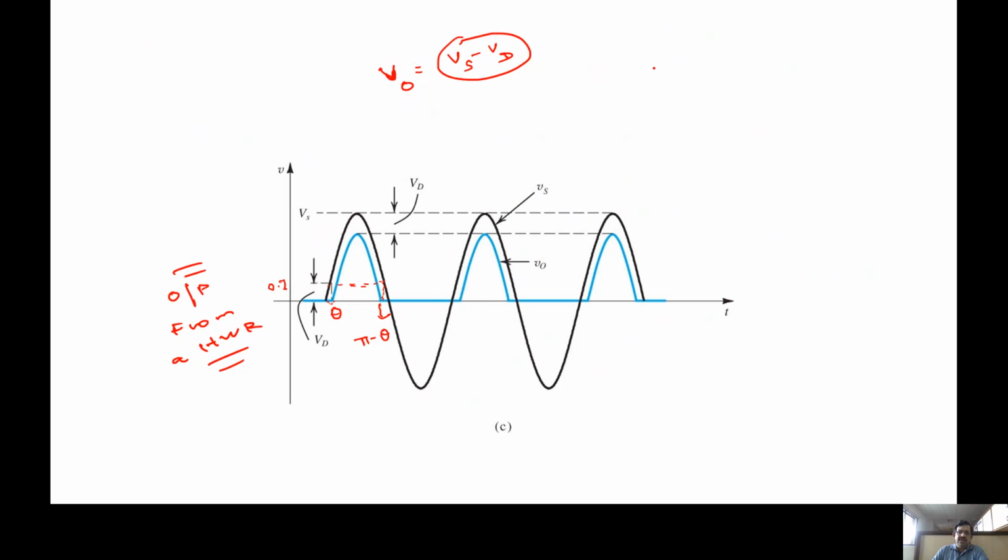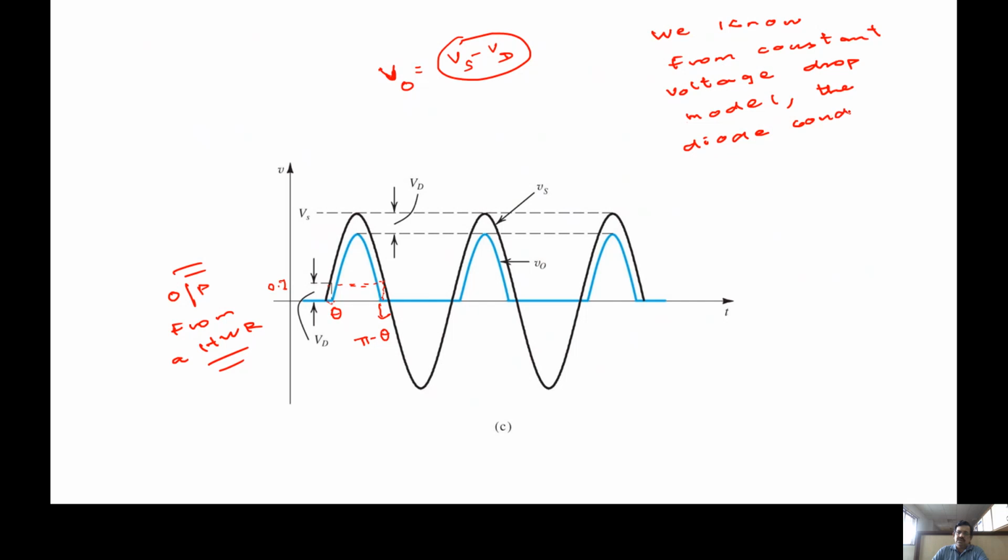From the constant voltage drop model, the diode conducts when the input voltage exceeds or is equal to 0.7 volt.